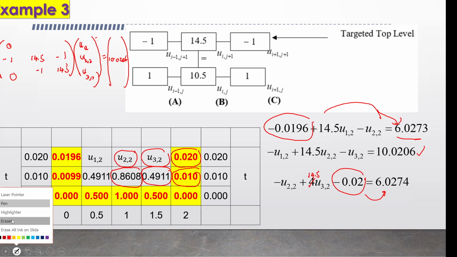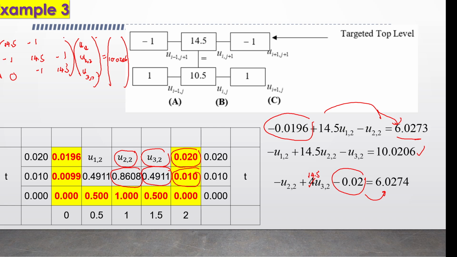The first equation has 14.5 U12, negative 1, 0. It is tridiagonal and the coefficients follow negative 1, 14.5, negative 1. The three unknowns U12, U22, U32 form a vector V.